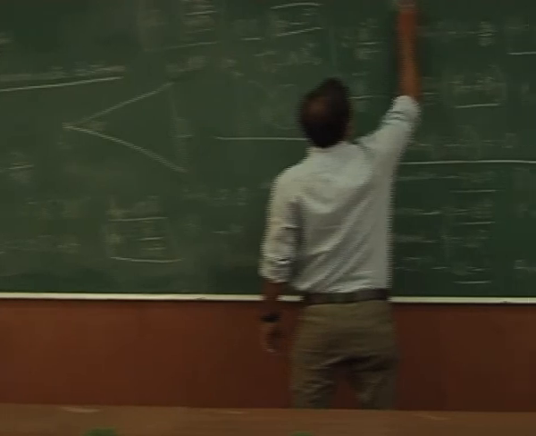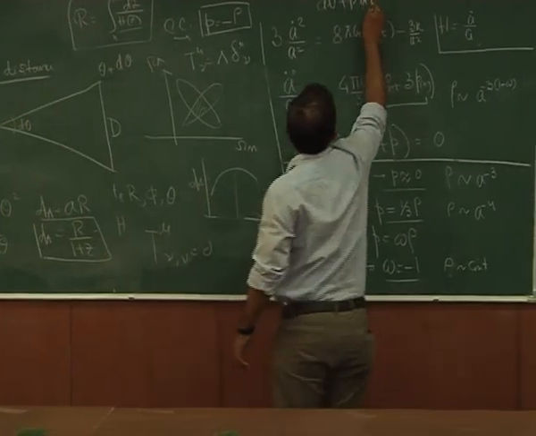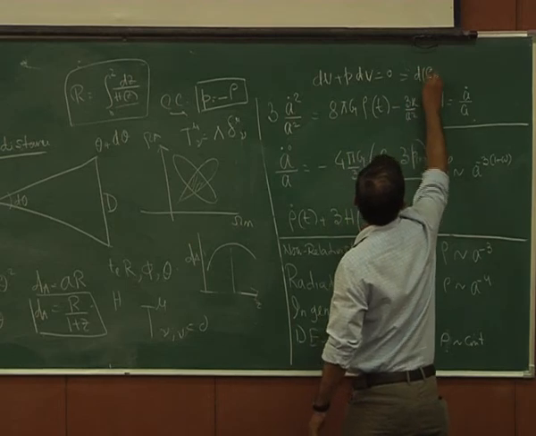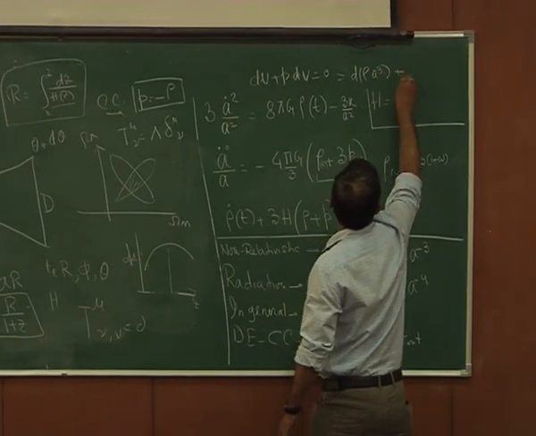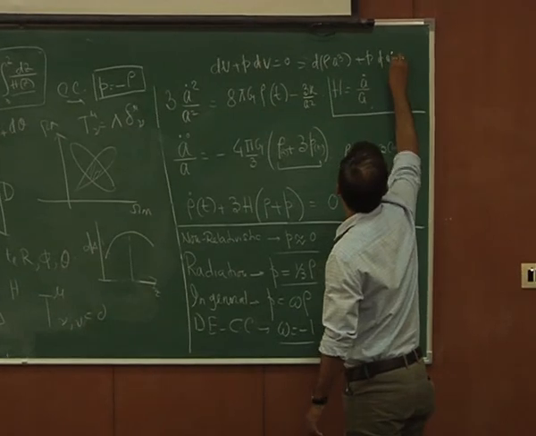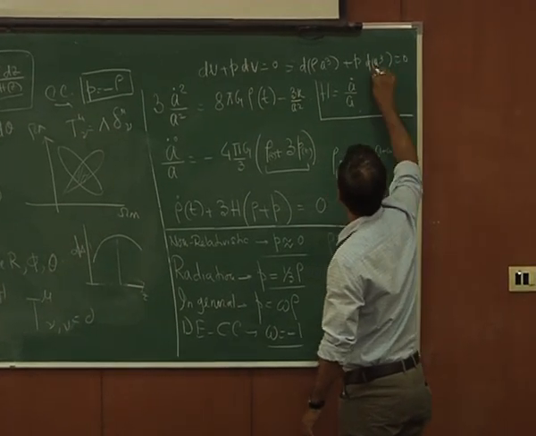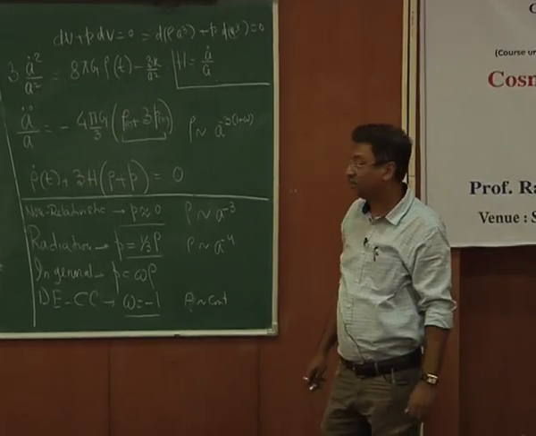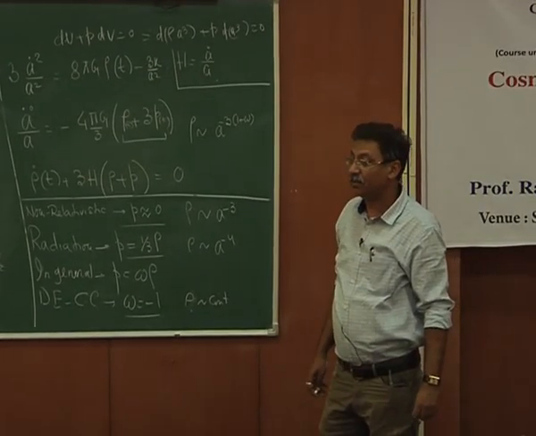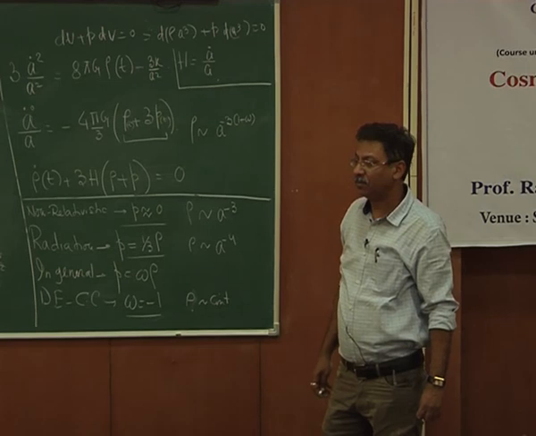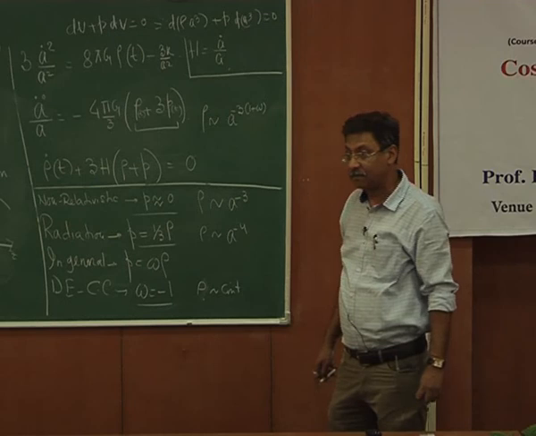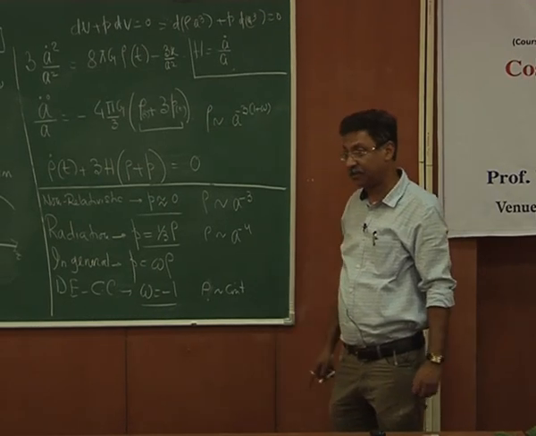So your dU plus P dV is equal to 0, and this dU is basically d of rho a cubed plus p d a cubed. This is equal to 0, and this actually gives you this. And in the third equation, if you put rho equal to minus p, then you will get rho, the density parameter, equal to constant, no? And that I wrote. Dark energy. Dark energy, yeah. Cosmological constant.